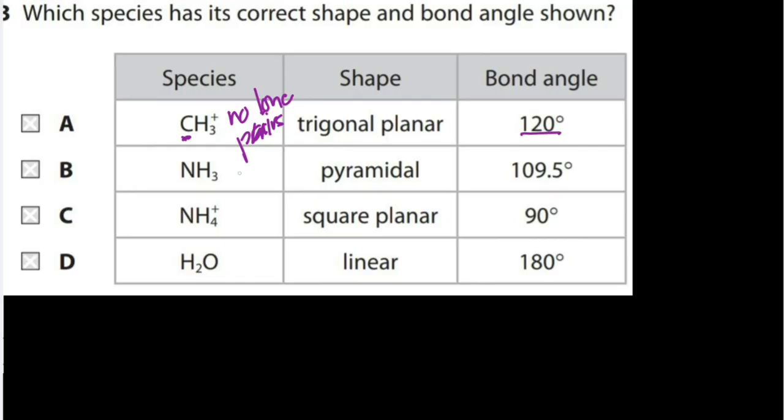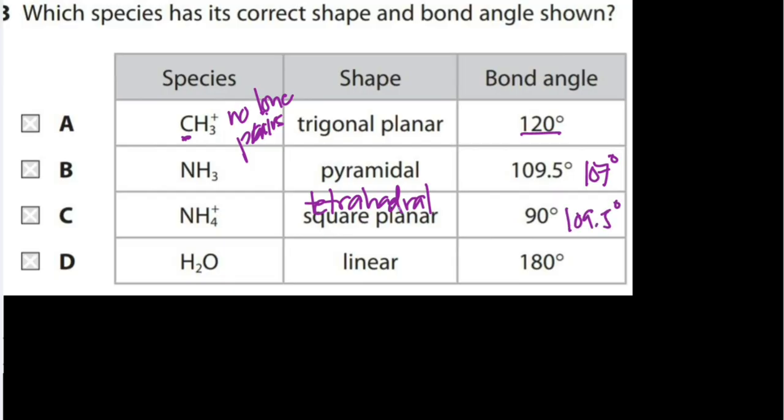And for NH3, this is pyramidal, but the bond angle here shouldn't be 109.5 degrees, but 107 degrees. And for ammonium ion, or NH4 plus, this should be tetrahedral, not square planar. So the shape should be tetrahedral with bond angle 109.5 degrees.